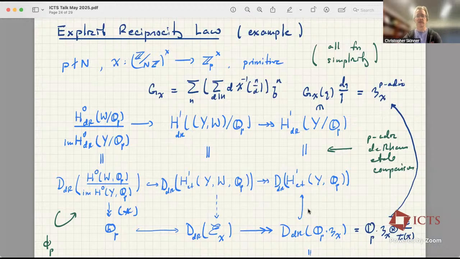So I can think of this as giving me a class in H^1 de Rham of the variety Y over Q_p, and I'll call this the p-adic eta chi. So the idea is to look at this large diagram in the middle. What have we done? We've taken the diagram in étale cohomology, which gave rise to our extension, and we applied the D de Rham functor of p-adic Hodge theory to that extension and to the subquotient that gave us our class.